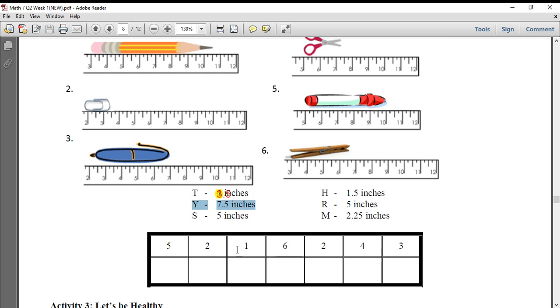Okay, Y. So, ibig sabihin dito sa 1, ang sagot natin ay Y. Okay, so yan, may example na kayo. Ang correction lang natin, itong T ay 3.5 inches. 3.5. Okay. So, ayan, no? So, 3.5. Ito, 3.1 to 3.5.